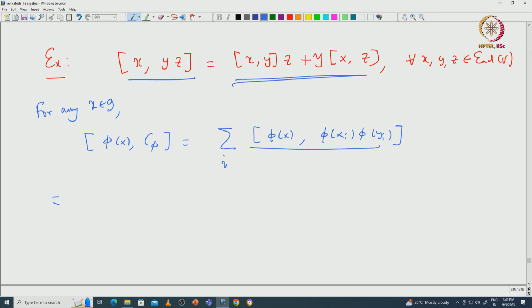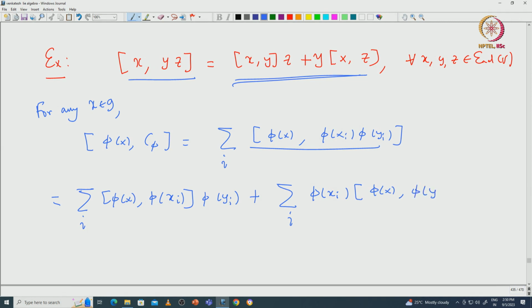Then this is equal to summation over I of bracket pi of x comma pi of x I times pi of y I, plus again summation over I of pi of x I times the bracket pi of x comma pi of y I. So, this is what we get.